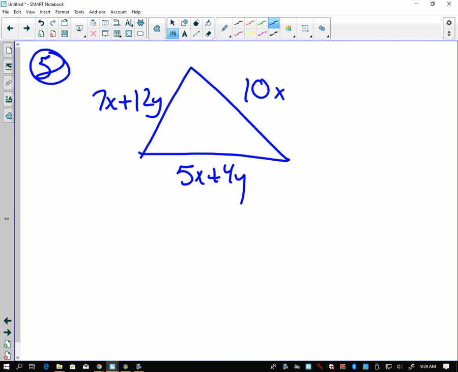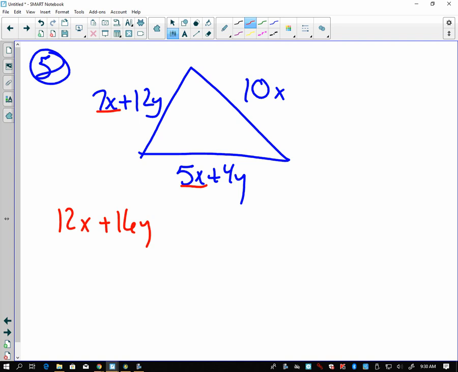Combine like terms. So add everything together, right? So what are my like terms? 5x and 7x. Okay, what's 5x and 7x? All right, so I got 12x. What are my other like terms? 12y and 4y. What's 12y and 4y? 16y. All right, all done, right?